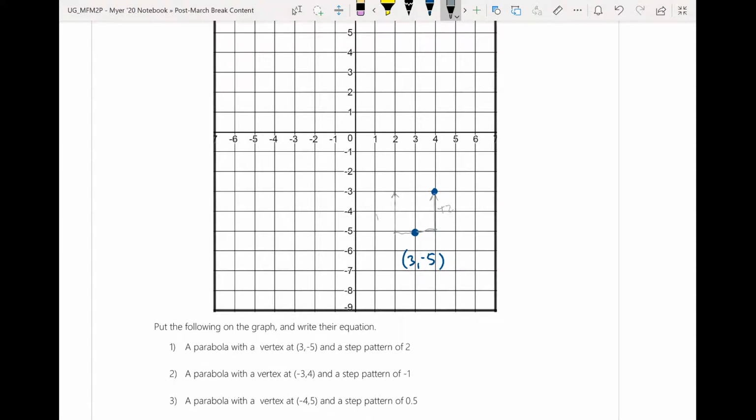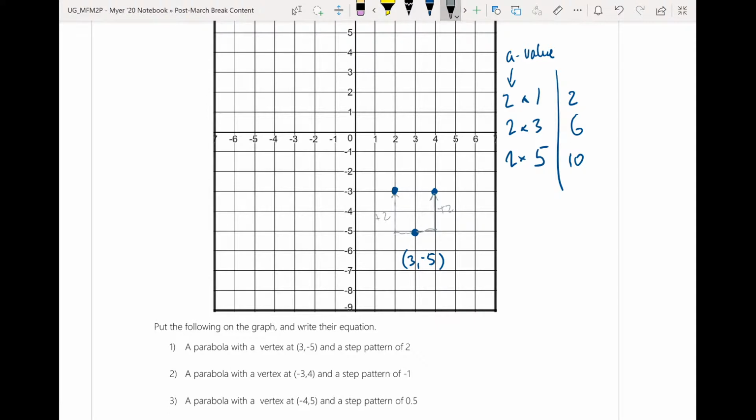Now, it only works for the first step, that over 1, up 2, because the step pattern changes, so the second step wouldn't be the same. If you look at the standard step pattern, we had 1, 3, 5, and our A value is 2. We multiply that 2 by each one of the standard steps, and we end up with 2, 6, 10.